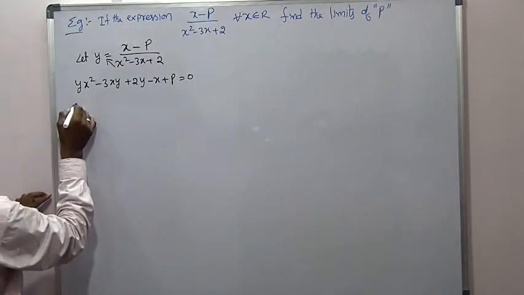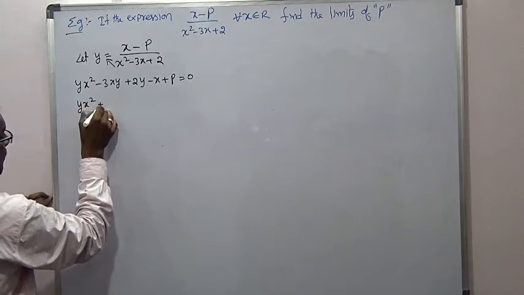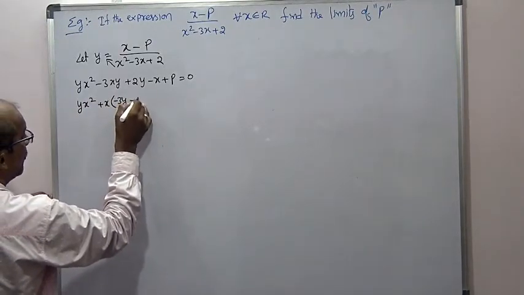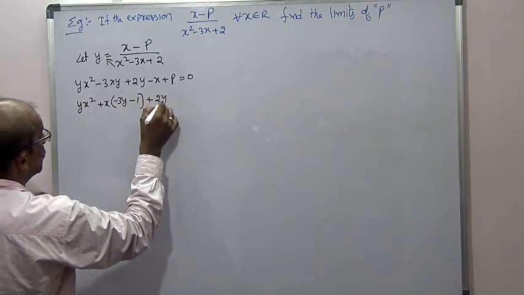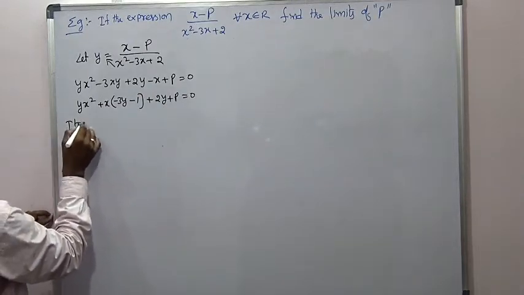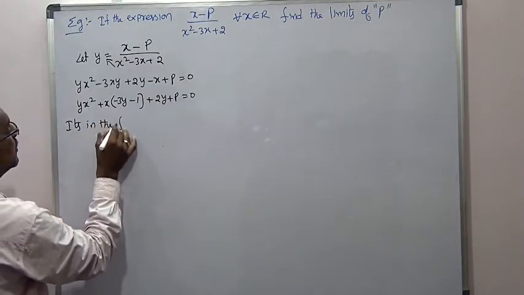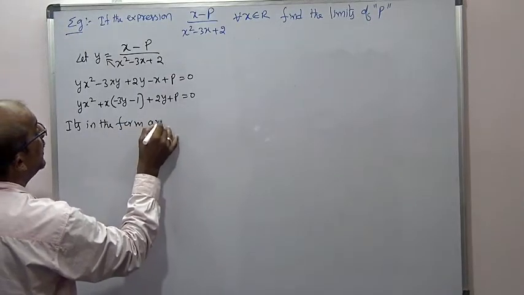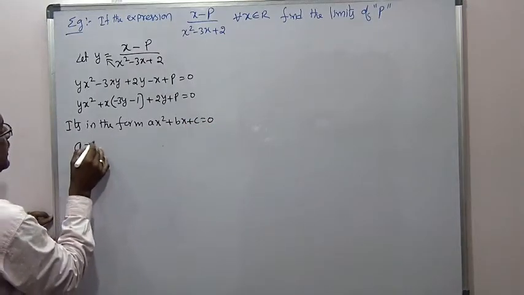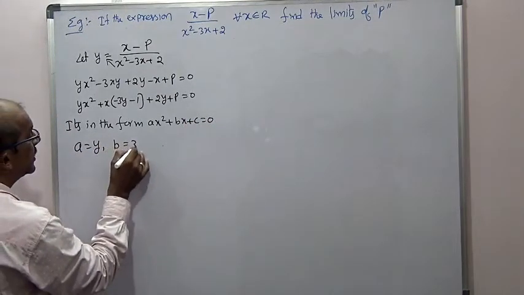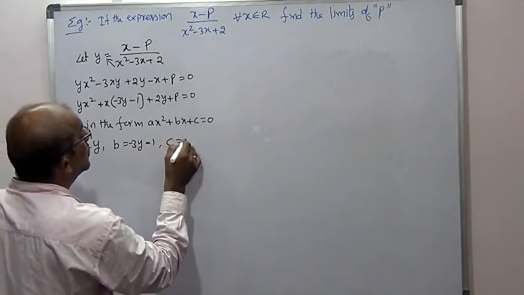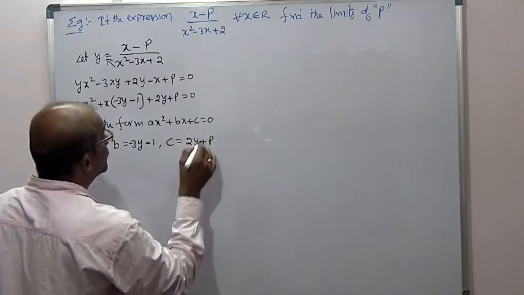Now write in order: yx² plus x take common, −(3y + 1), plus 2y + p = 0. So it's in the form ax² + bx + c = 0, a = y, b = −(3y + 1), c = 2y + p.